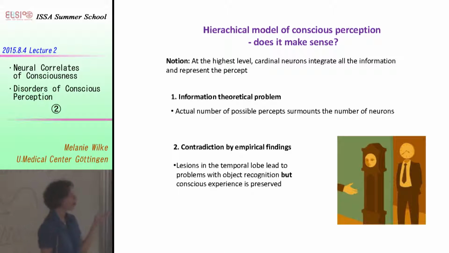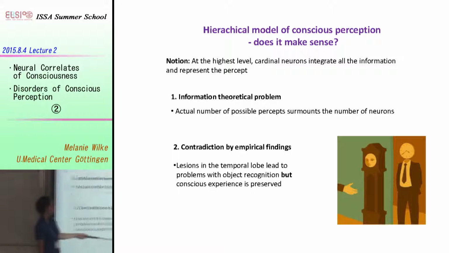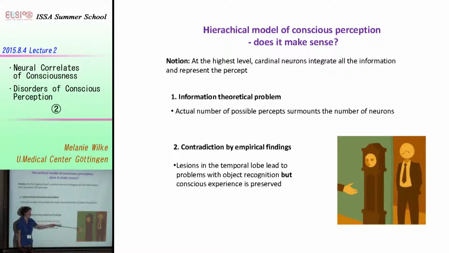But on the empirical level, to me, that is sort of the most convincing counter evidence that the system works that way, because if you do have a lesion in the temporal lobe where the cells are all showing strong perceptual modulation, you don't get problems with your qualia. You would still perceive, for example, a face, in terms of seeing something with features. Patients with temporal lobe lesions have something called visual agnosia.